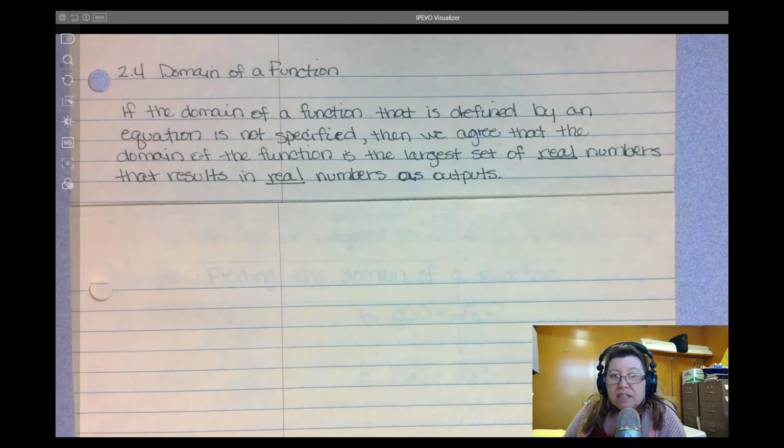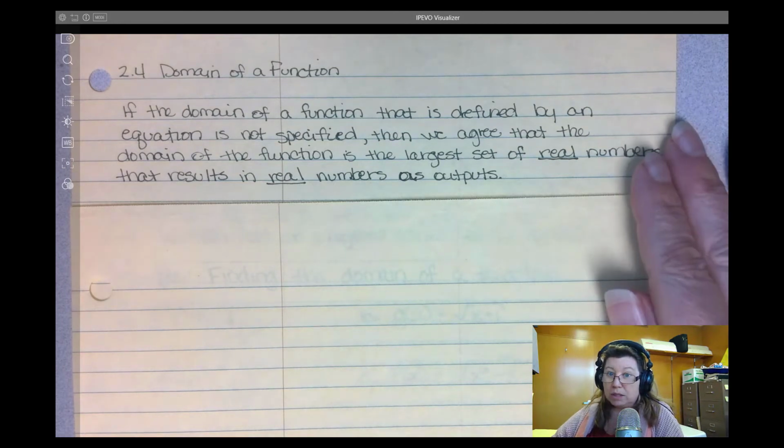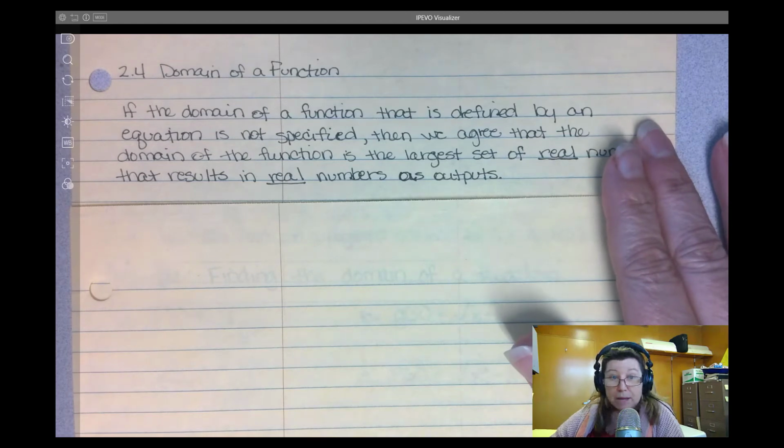Now the domain of the function is all the values of x that we are permitted to put into the function. It's the largest set of real numbers that, if we put them into the function, pop out real numbers. So what goes in as a real number has to come out as a real number. And because of that, we have a couple of rules that we have to abide by.